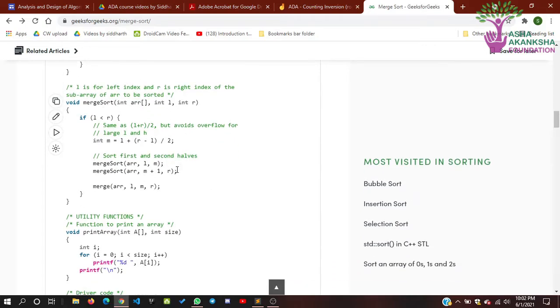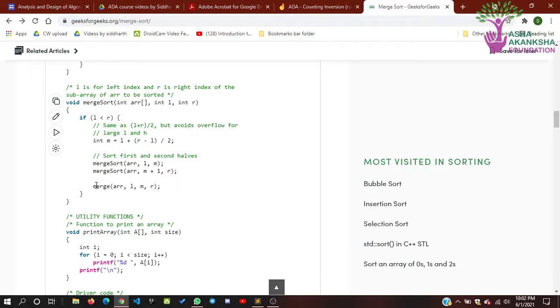Now after this line, we have the array in which from the lower index L to M, the array will be sorted, and from the M plus 1 index to R index, the array will be sorted separately. Now these are two separately sorted parts of the same array.